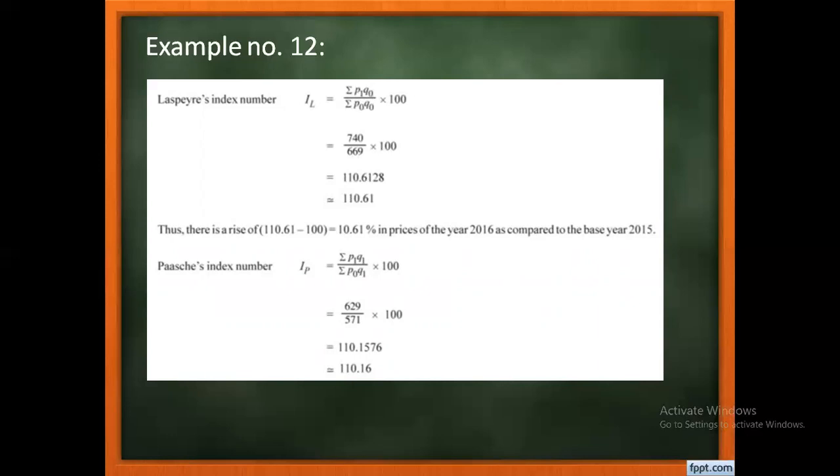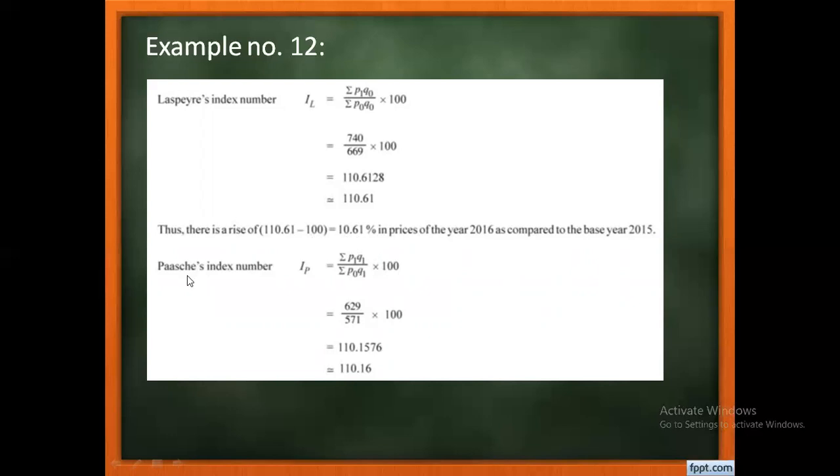If you wish to comment, presently it is 110.61, and previously the base year index number, as you know, is 100. So how much is the percentage increase in the price of the current year? 10.61%. So like that you can make the comment.